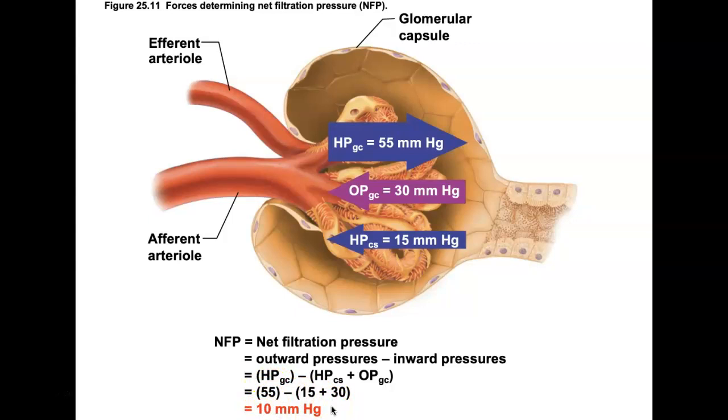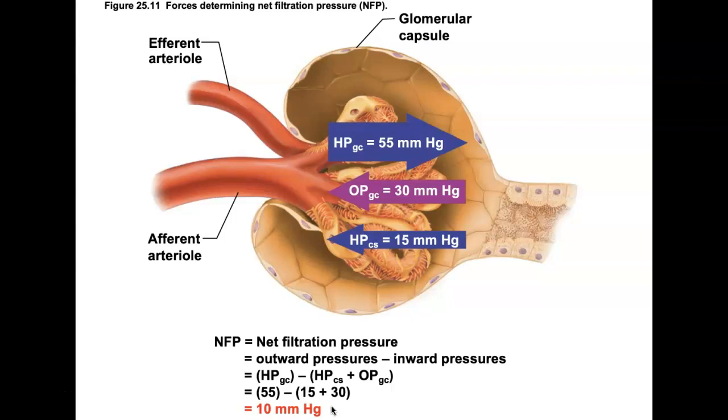So NFP is the main controllable factor. Of the pressures determining NFP, the most important is the hydrostatic pressure in the glomerulus. This pressure can be controlled by changing the diameter of the afferent arterioles, as we're going to outline shortly.